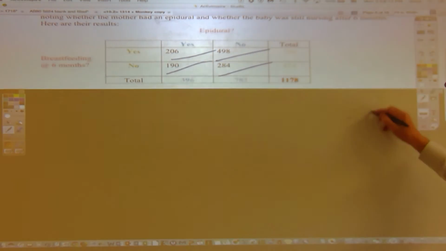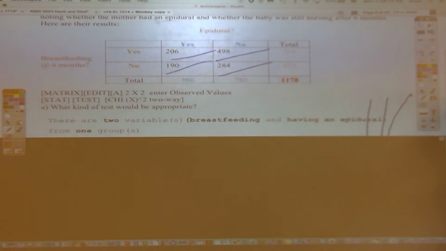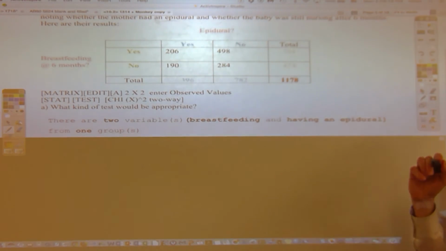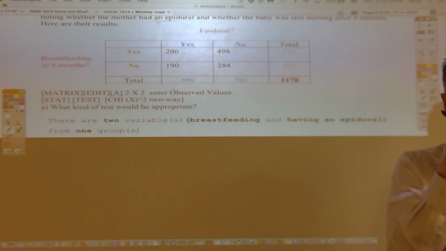Alrighty. Who has already looked at matrix B, and you can report to me what those four values are going across the top? Just go to matrix B, it'll come right up on your screen.